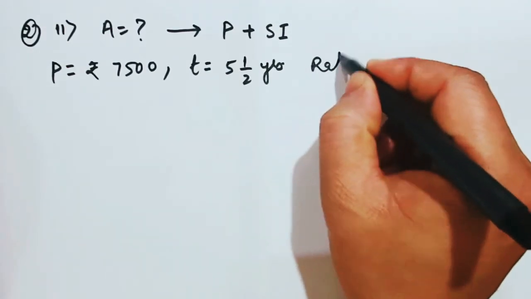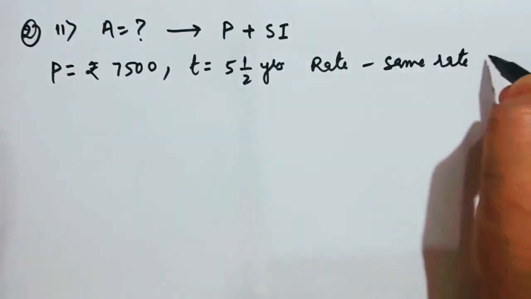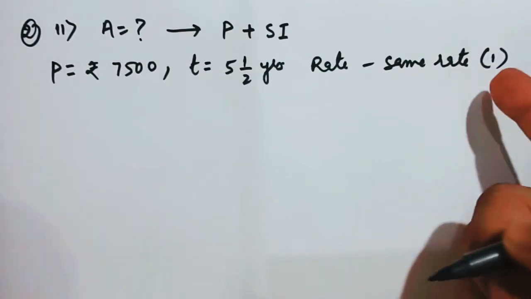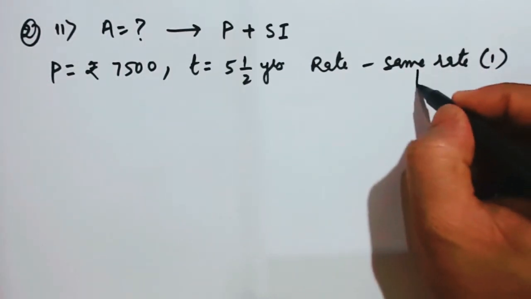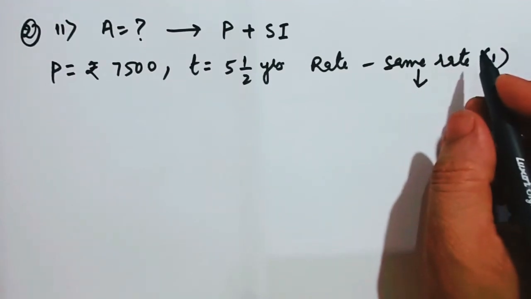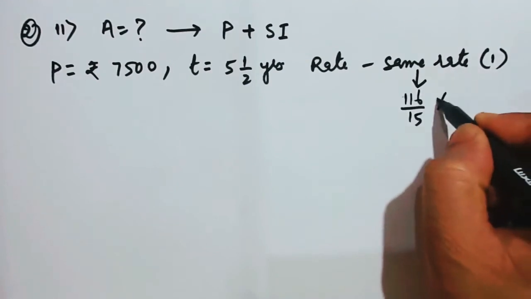And rate, they are saying the same rate as in question number 1. So question number 1 is very, very important, because until and unless you solve it, you are not going to get the rate they are asking for as 116 by 15%.